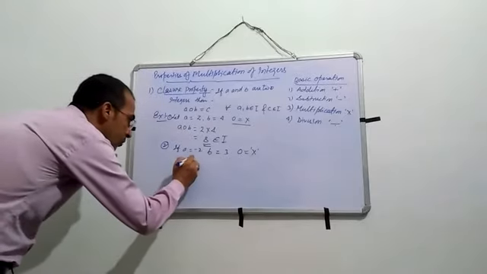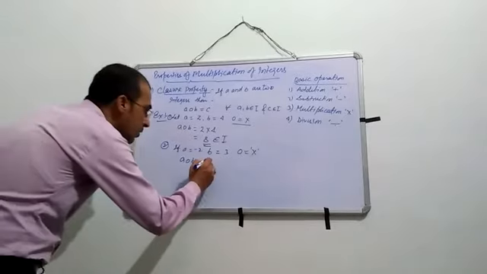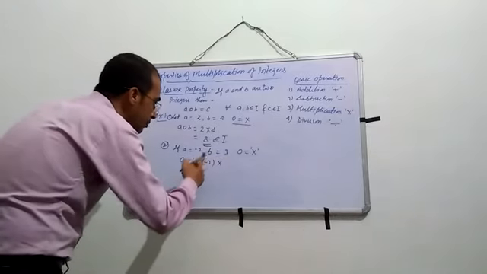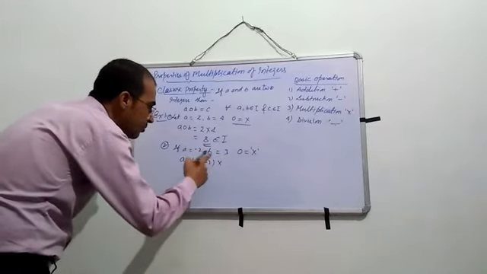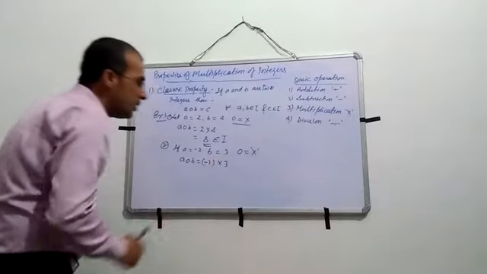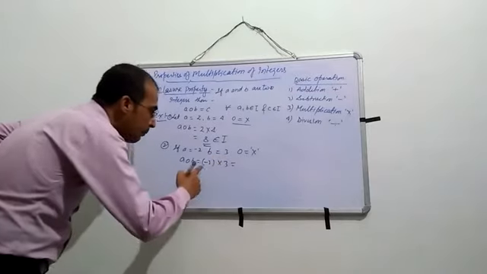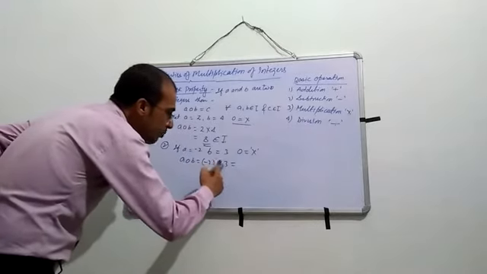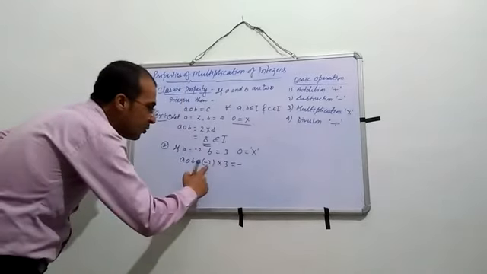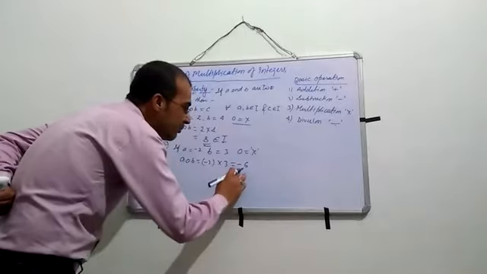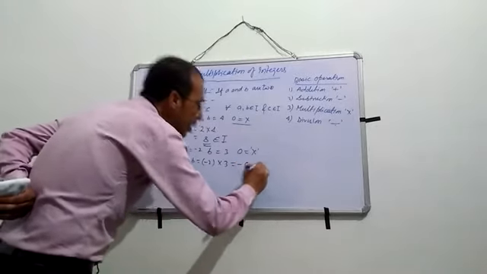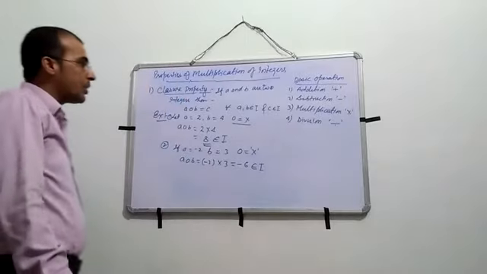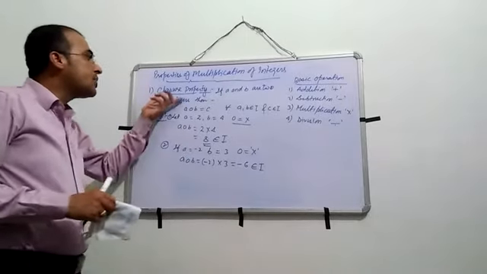So A O B is -2 into 3. What is the multiplication of -2 and 3? Minus into plus is minus, and 2 into 3 is 6. So the result is -6. -6 belongs to I, it means -6 is an integer. So we can say that the closure property is true for the integers.